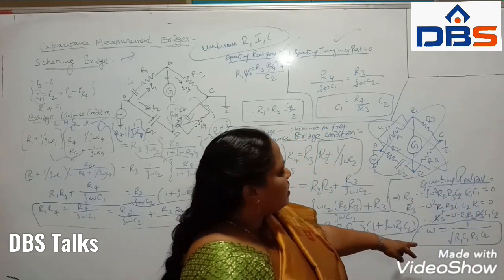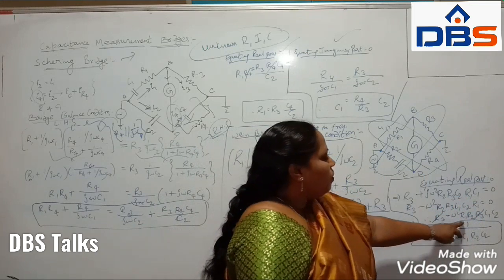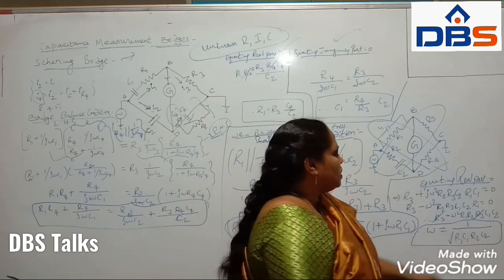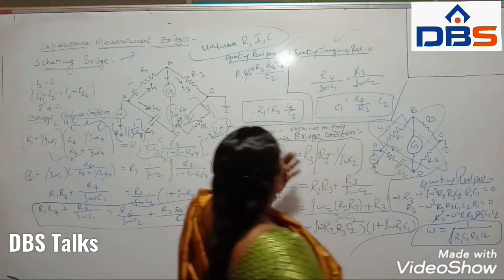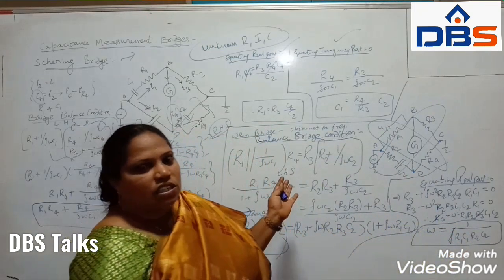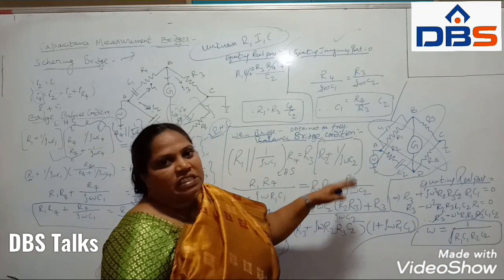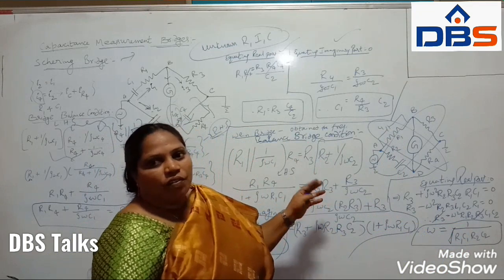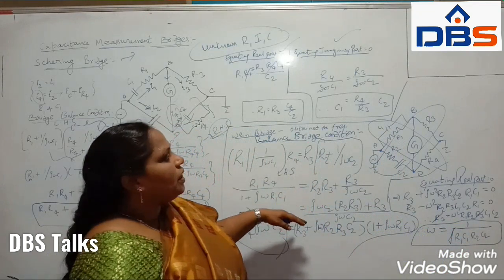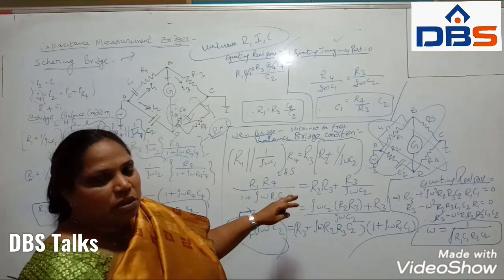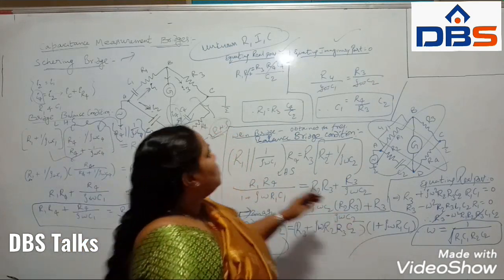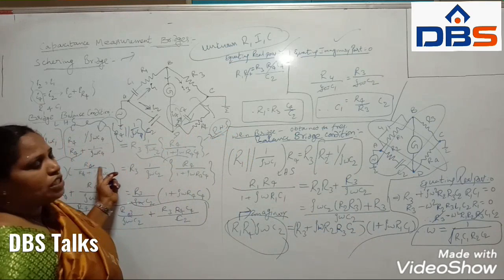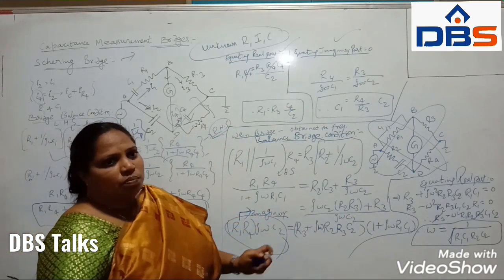After simplifying this, omega is equal to 1 by R1 C1 R2 C2. That's why in the Wein bridge concept, we obtain the frequency also. So we can measure the unknown frequency value. So this is the Schering bridge concept and the Wein bridge concept.